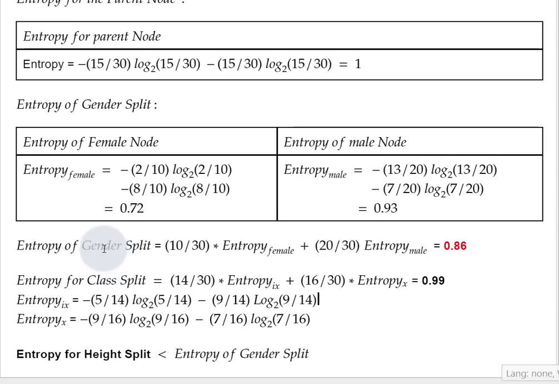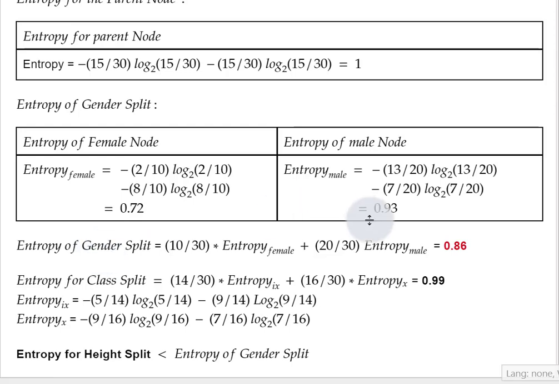And if you see in my previous video when we talked about Gini, and we talked about chi-square, over there also we got a similar split. The gender split was the best one over there as well, right? So this is how the whole stuff about information gain works.